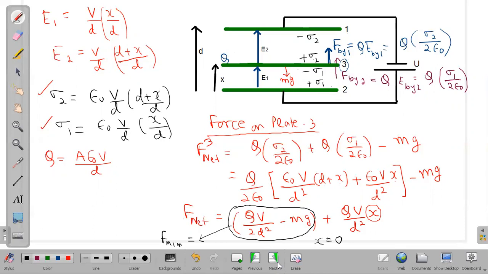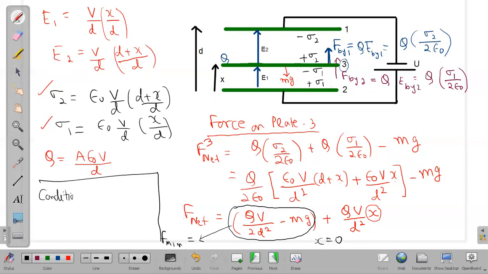So we have to ensure that the minimum force acting on plate number 3, which is at x equal to 0, has to be a positive value. Then only plate number 3 will start rising up, and then the force on plate number 3 will become bigger and bigger, and that means it will move under variable acceleration between plate number 2 and plate number 1.